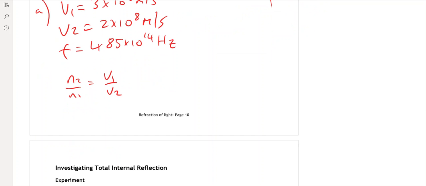We know the refractive index of air is 1. So what we have is that n2 equals 3 times 10 to the 8 divided by 2 times 10 to the 8, which gives us 1.43 as our refractive index.